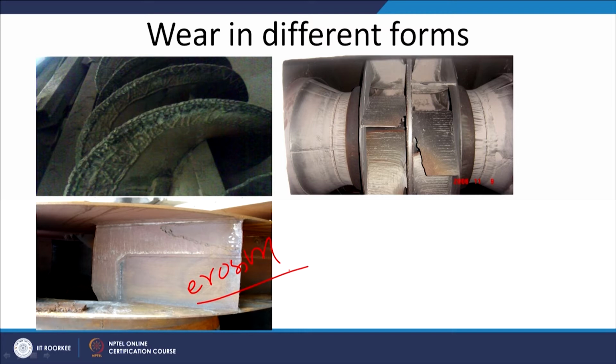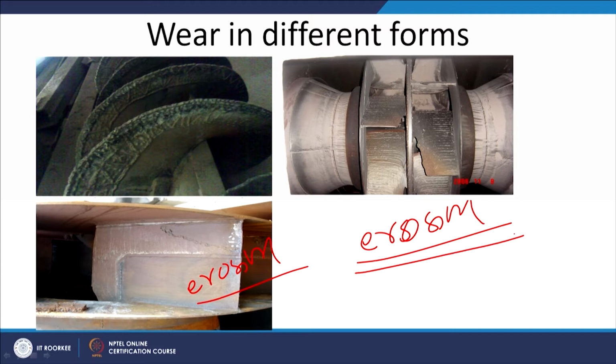All these are basically subjected to erosion due to the presence of hard particles in the cement, or in the course of manufacturing of the cement, which primarily consists of alumina as a hard particle, and silicon oxide, SiO2.